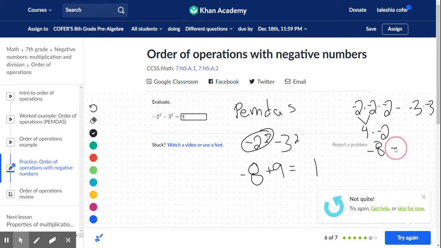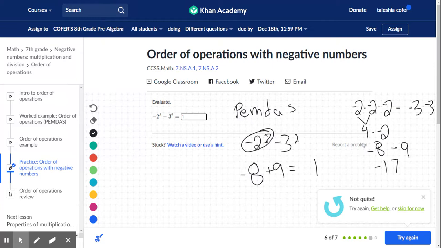I'm going to subtract 3 times 3, or negative 3 times negative 3, which would give me a positive 9. Oh, that's where I messed up at. Somehow, when I did 3 squared over here, I got a 9, but I misplaced my other negative sign. So now, negative 8 minus 9 is negative 17.